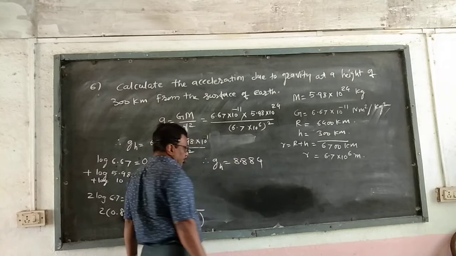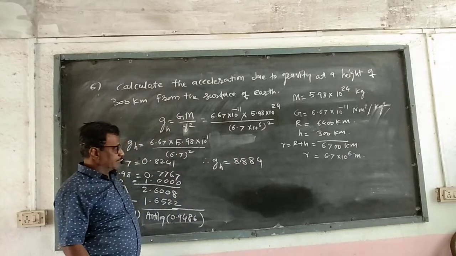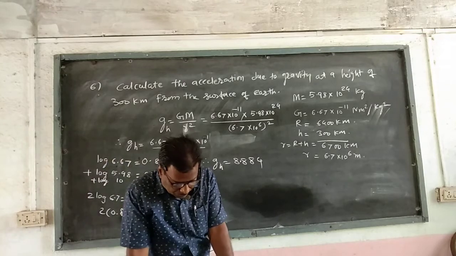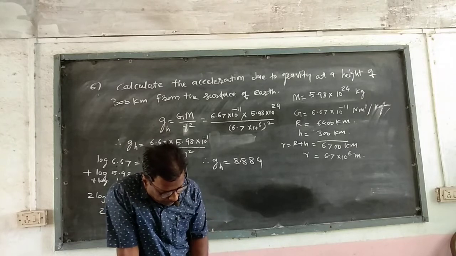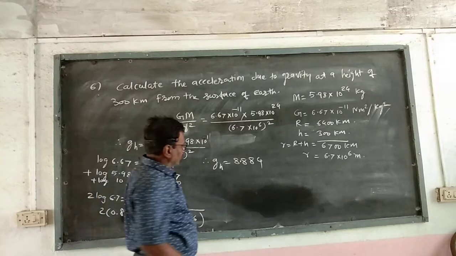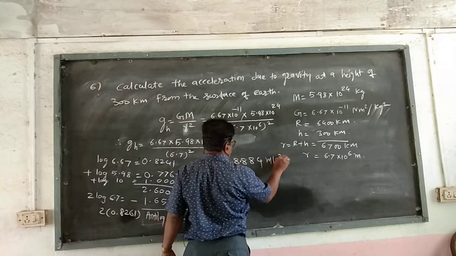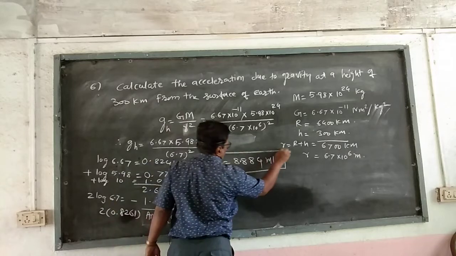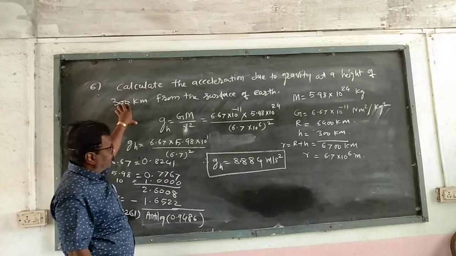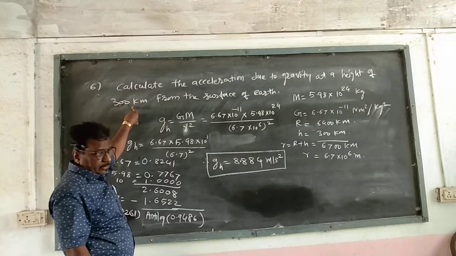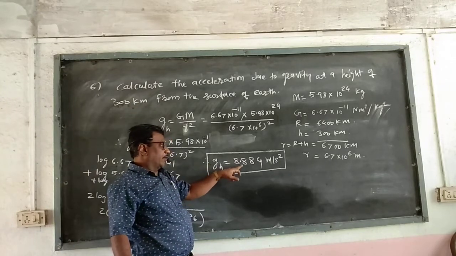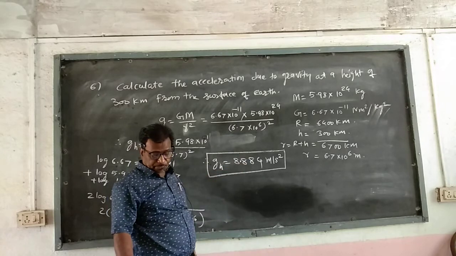After single digit we give decimal, so gh is equal to 8.884, and the unit is meter per second square. So we got the acceleration due to gravity at a height of 300 km from the surface of Earth. The value of g is equal to 8.884 meter per second square.